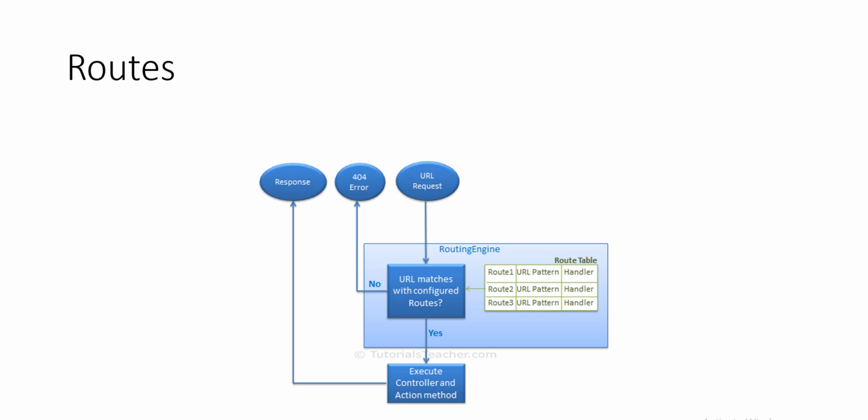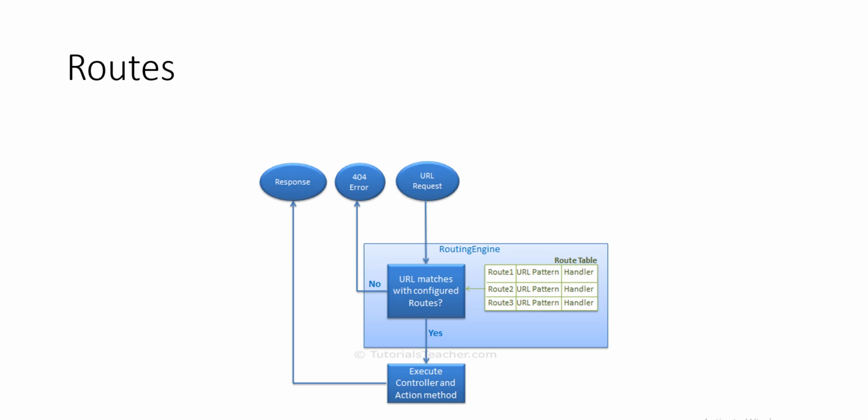So let's look at this figure and see how an incoming URL request is mapped with the route table. Once the incoming request is mapped, the response is sent, and if it is not mapped, a no response will be sent to the browser.